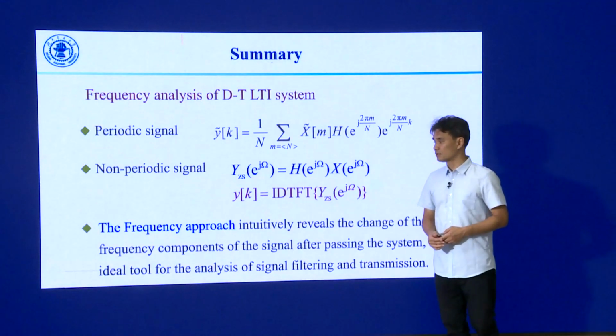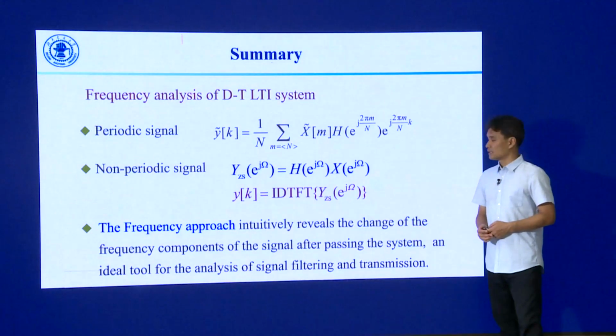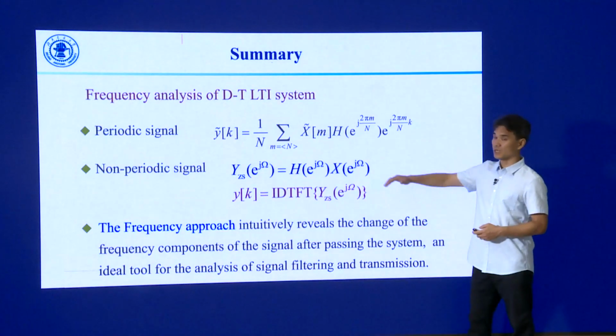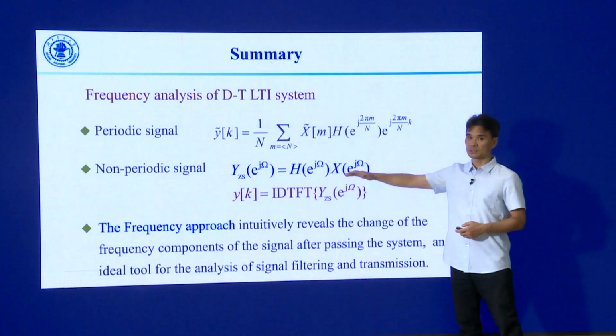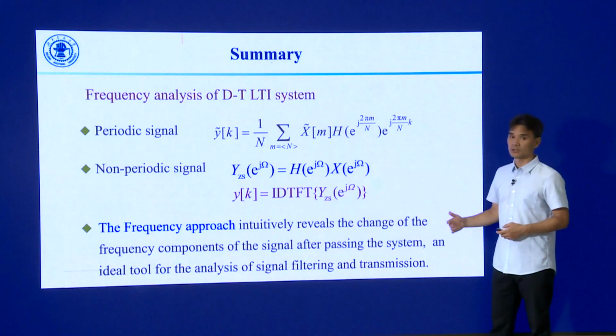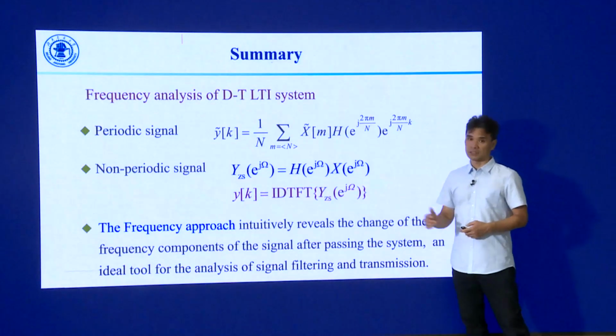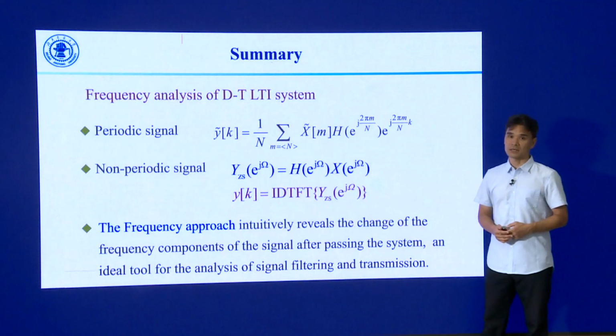Using the Fourier approach, we can analyze the relationship between the input, output, and the system in a more intuitive way. So that will significantly simplify our analysis of the systems.